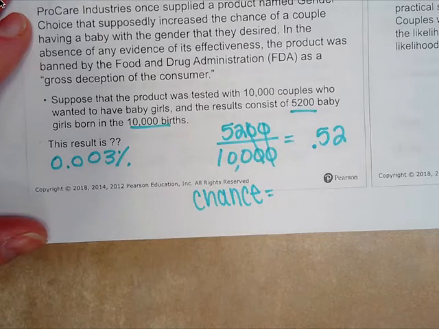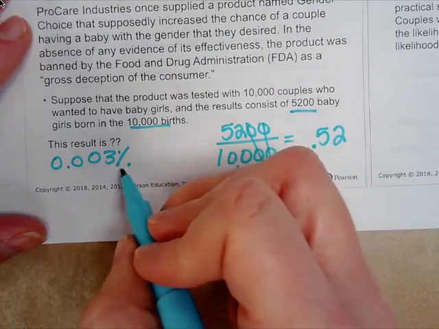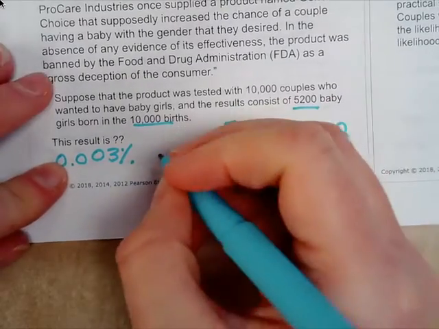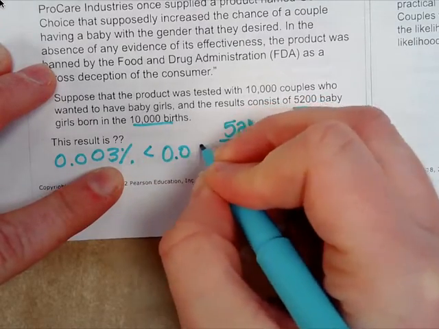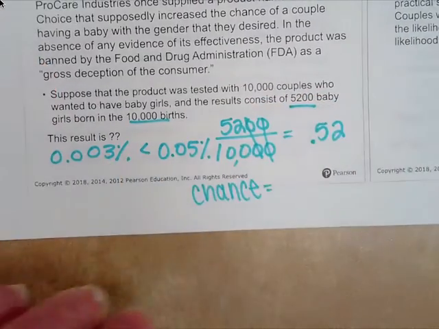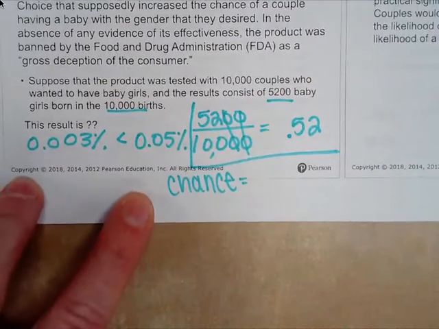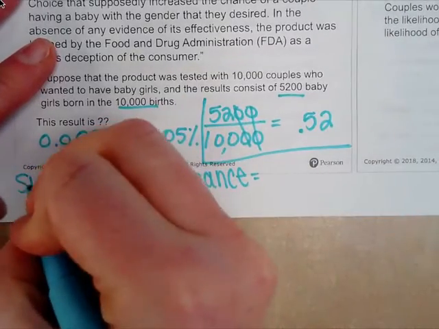This is something we're going to learn how to do later, but we don't know that right now. So this is by chance. So we compare this. This is smaller than, so it's less than 0.05. Sorry, my words kind of went together. So that means it's statistically significant.